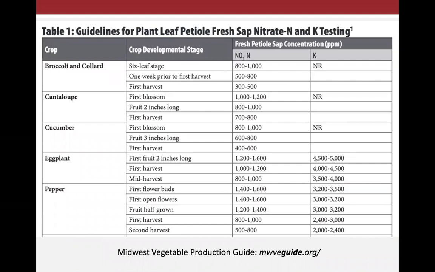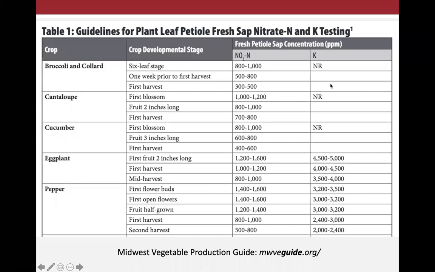So again, there's guides out there that can look at things and provide ranges. Here, this is from the Midwest Vegetable Guide, where we've got different crops, different stages of that crop, and then different nitrate concentrations or potassium cell sap concentrations.